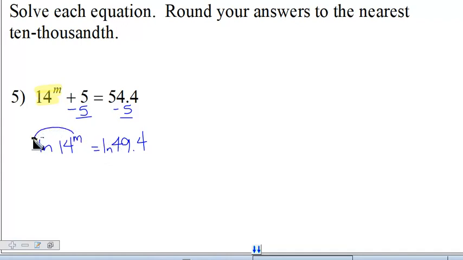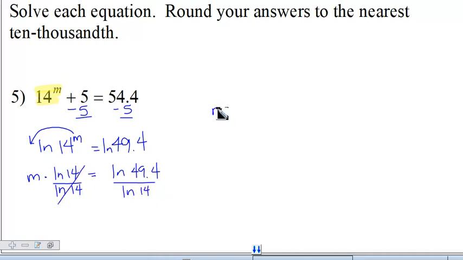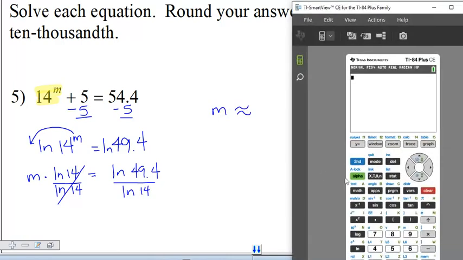Bring my exponent to the front as a coefficient. And solve for m by dividing both sides by the natural log of 14. Pull out the calculator. I'm going to take the natural log of 49.4 and divide that by the natural log of 14. My final answer is 1.4778.